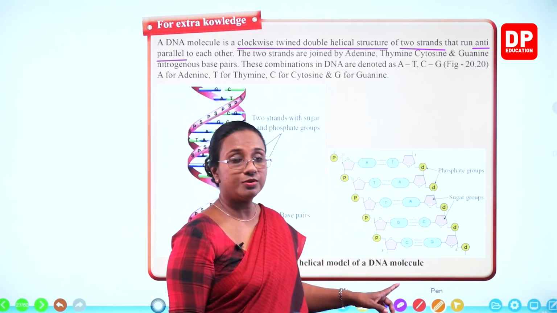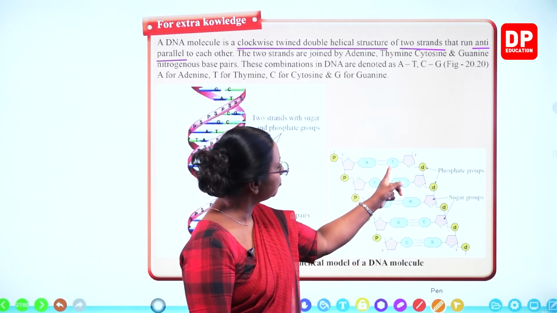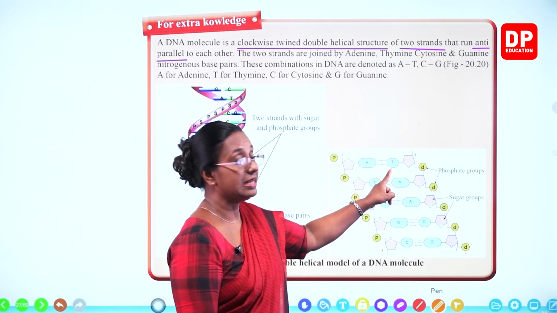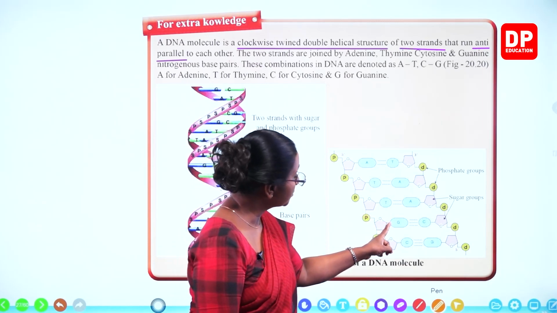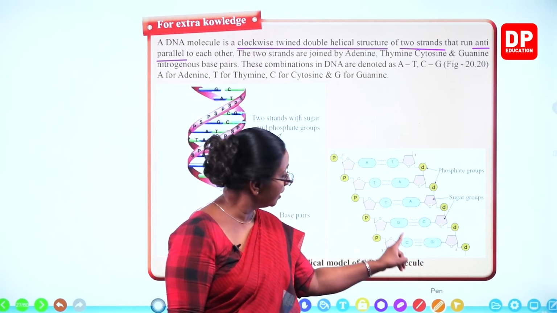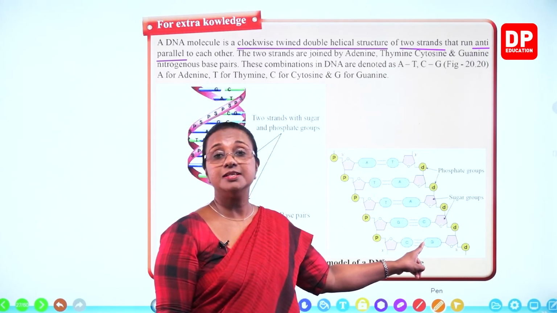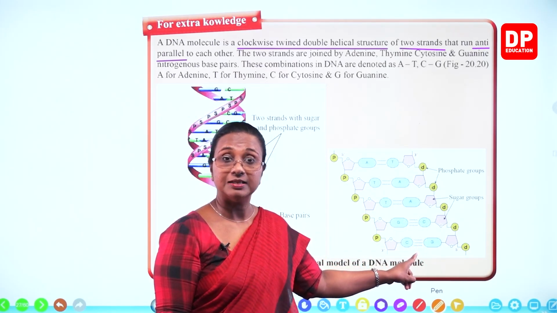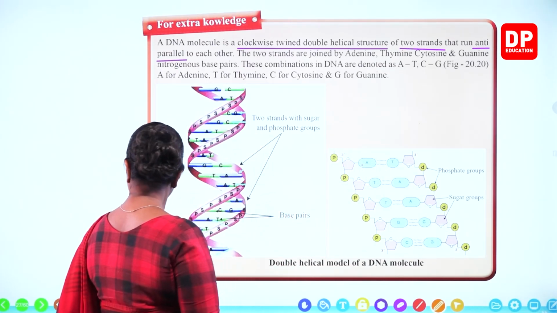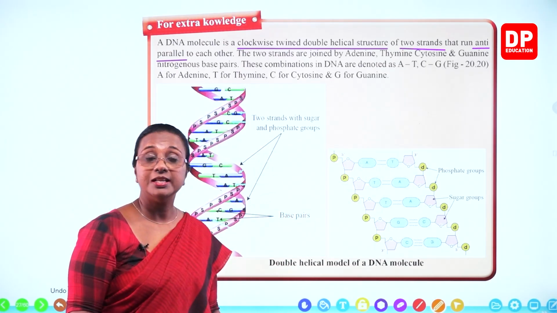Another thing you can notice, they have shown two lines. That is because there are two hydrogen bonds between adenine and thymine, whereas between guanine and cytosine, there are three hydrogen bonds. Is that clear? Two bonds between adenine and thymine, three bonds between guanine and cytosine.